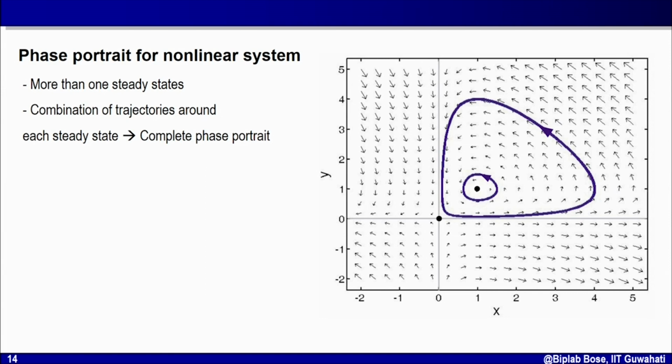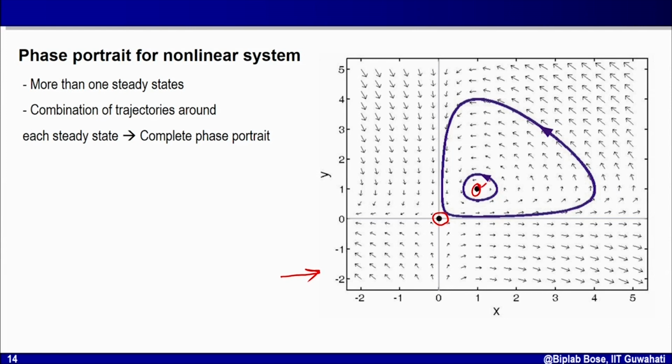So for example, in the phase portrait drawn here for the predator-prey model, I have one steady state here, I have one steady state here. The total phase portrait of the system is nothing but a combination of two phase portraits.